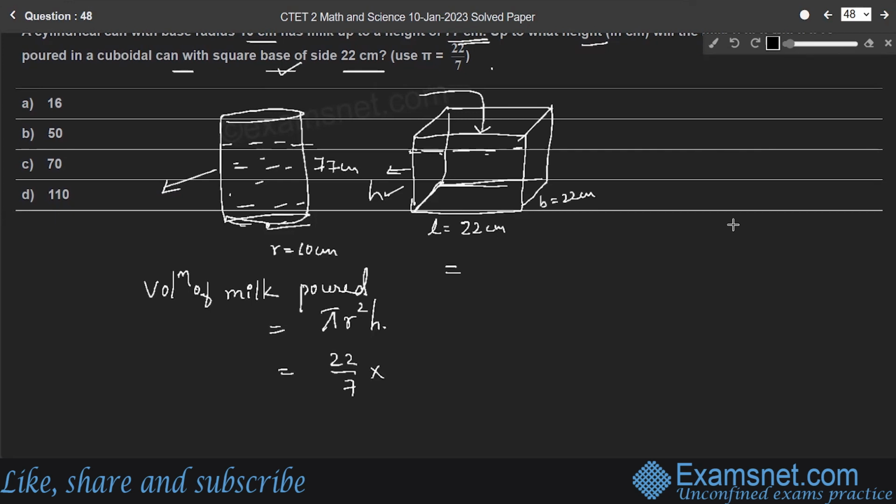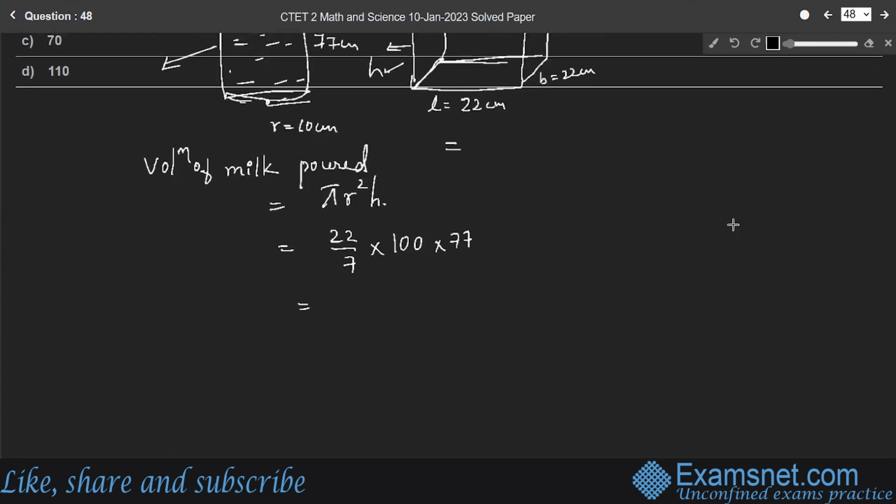The base radius is 10 centimeter, its square is 100, into the height of the cylinder to which the milk is poured, which is 77. Therefore, 7 into 11, and 22 into 11 is 242, into 100 is 24,200 centimeter cube, the volume of milk poured, right?